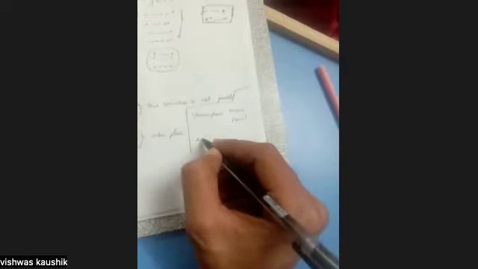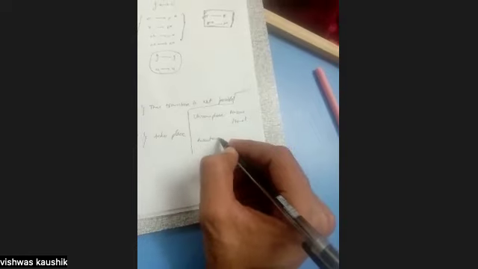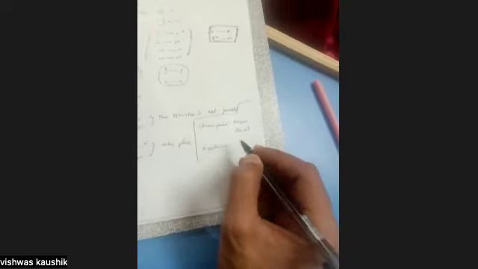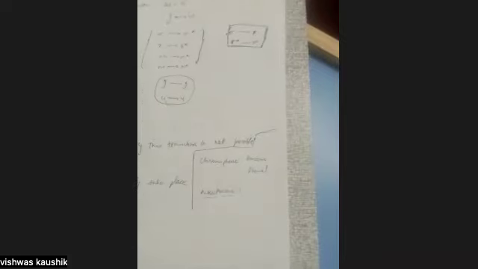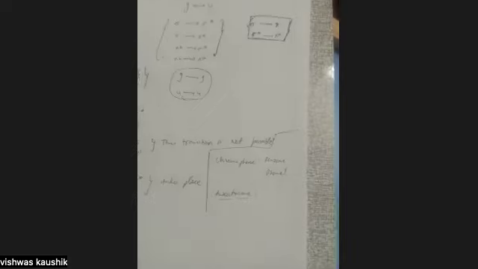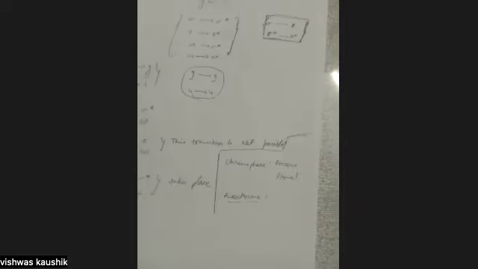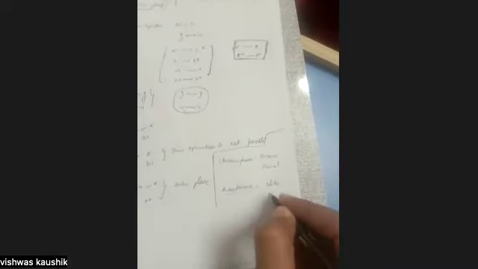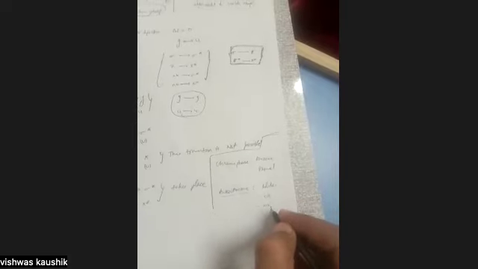Auxochrome is that group which itself is not involved in the absorption of the UV radiation, but affects the wavelength and the intensity of the chromophore. For example, sir, halides or any functional group like OH group, NH3 group, NH2 group.